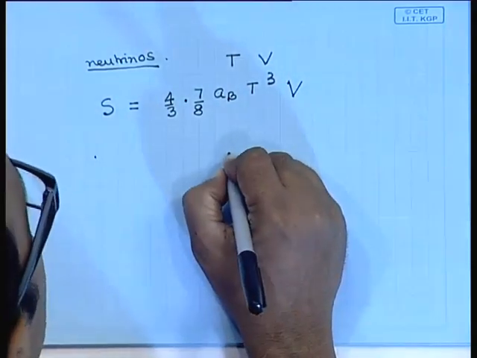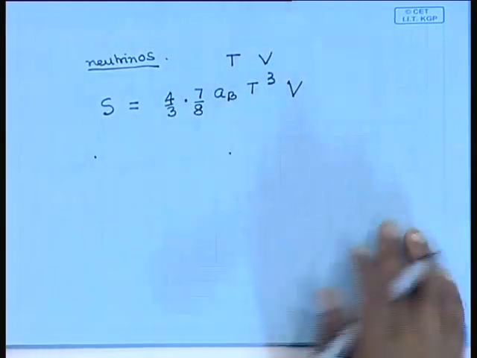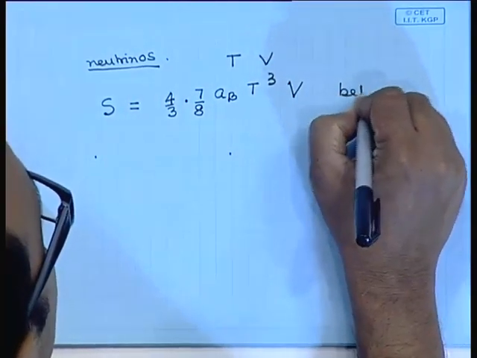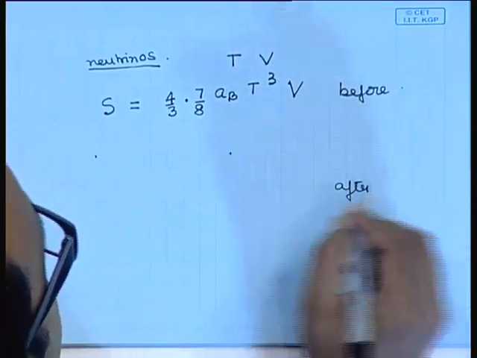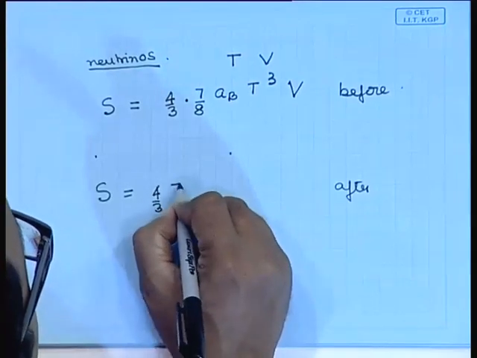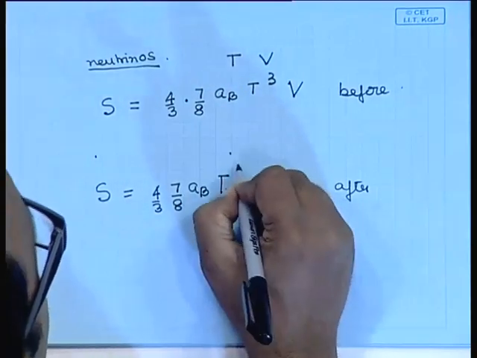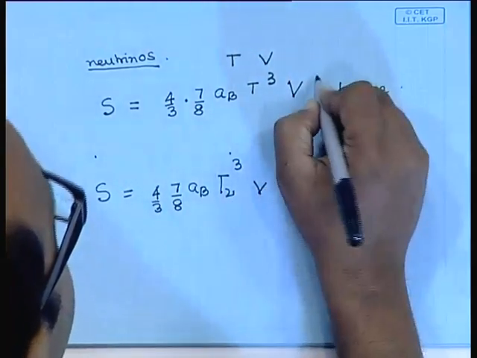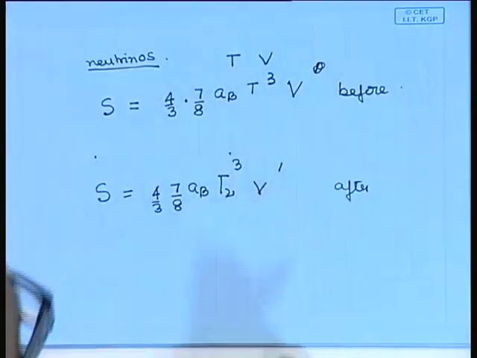Okay. Now after the annihilation, the neutrinos are not affected by this. So after annihilation, this is before. Now after annihilation, the neutrinos, this is going to be 4/3 7/8 the Stefan-Boltzmann constant, T neutrino to the power 3, volume prime.